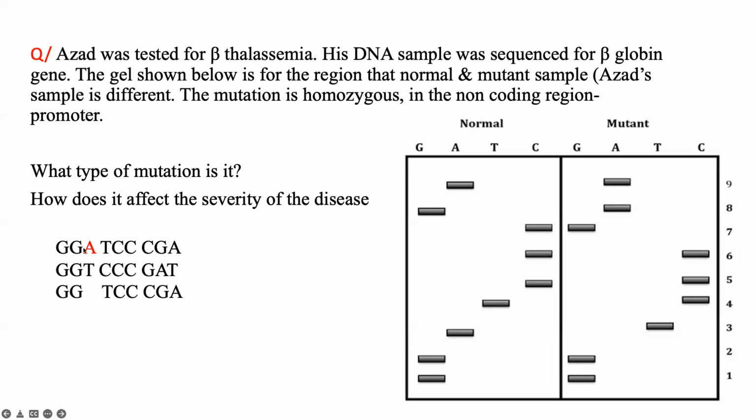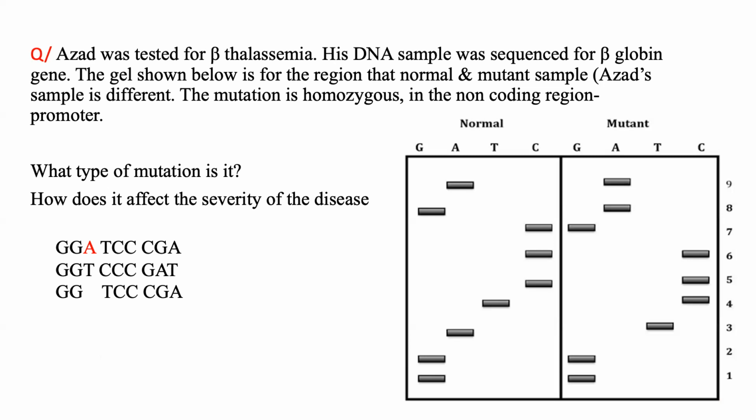Here GG is good, and then A is coming, and then TCC. If we compare, TCC is the same as this one, and GA and so on. So that means we have only one deletion, a one base pair deletion, which is A.